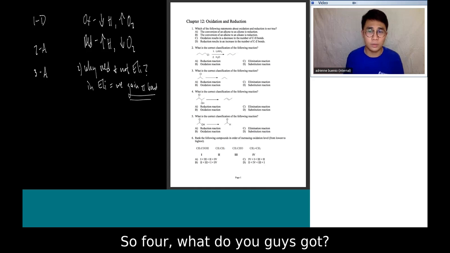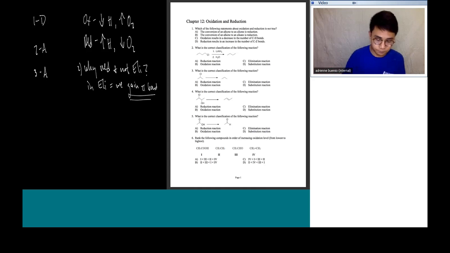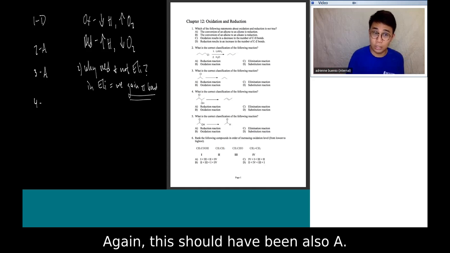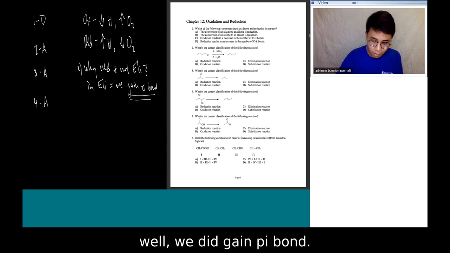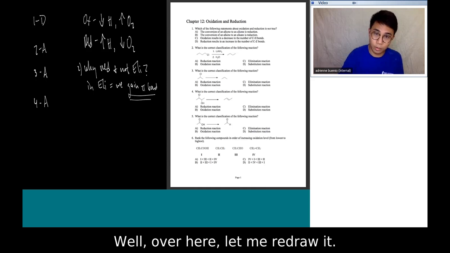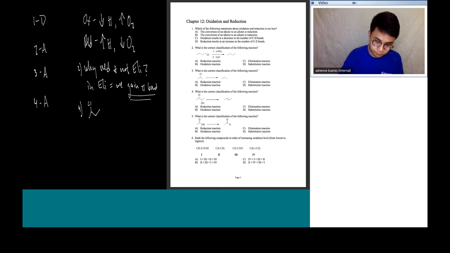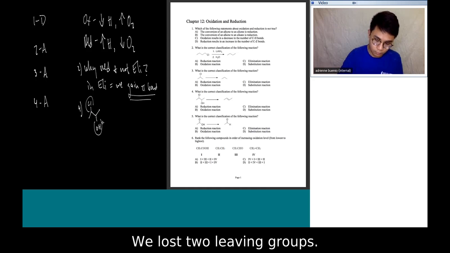Okay, so four, what did you guys get? Again, this should have also been A because you guys might be thinking, well, we did gain a pi bond, right? Well, over here, let me redraw it. We lost two leaving groups, right?